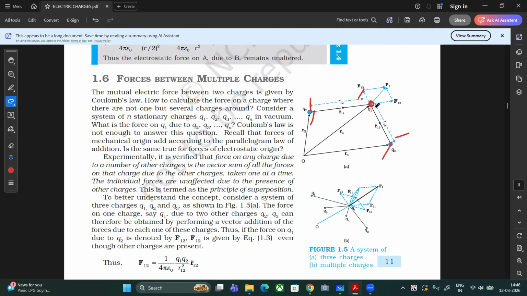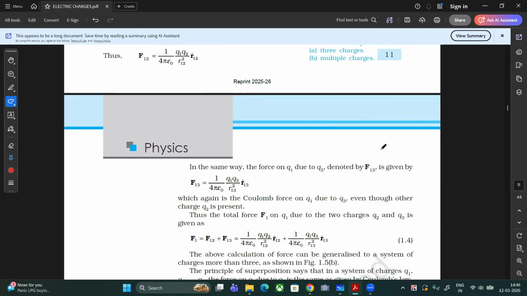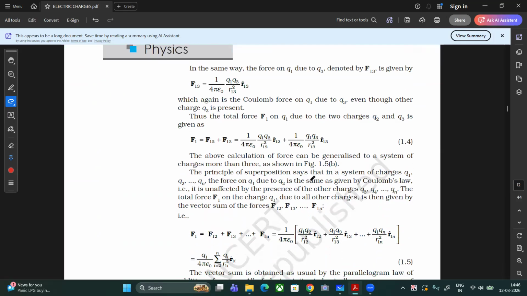There are two combinations, so we use Coulomb's law twice. This is the final formula, because Q1 is related with Q2 and Q3. Here we write the position vectors. Simply adding these two forces, we get the force on Q1. If we have multiple charges, we just add the forces due to the other charges.